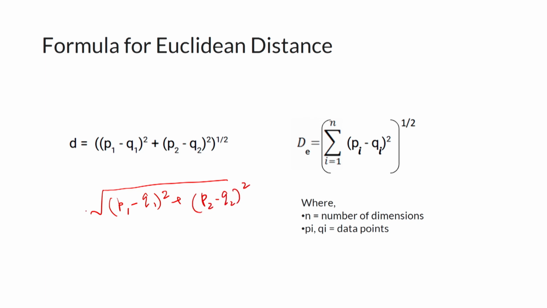Here P and Q are two instances with two features.